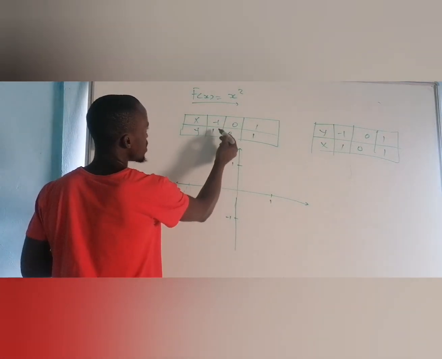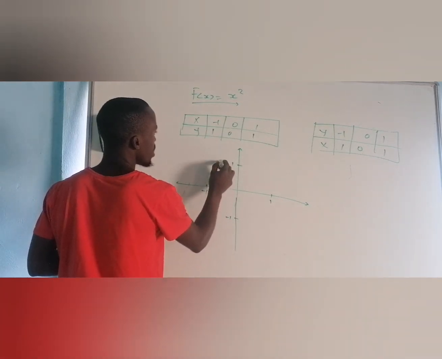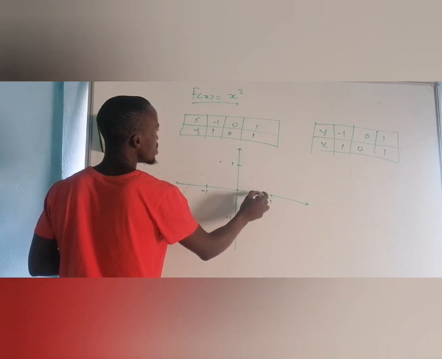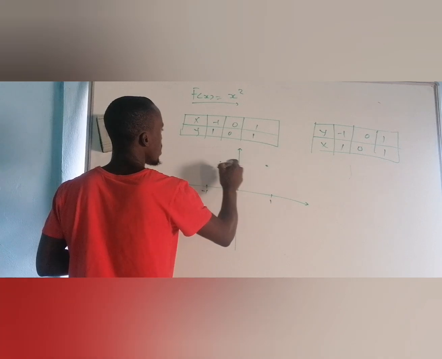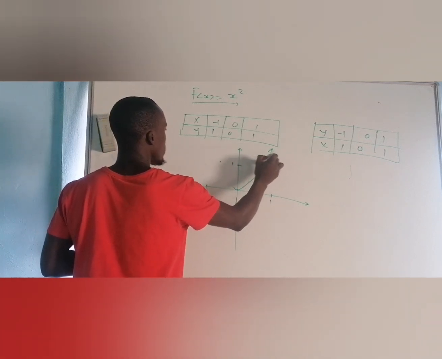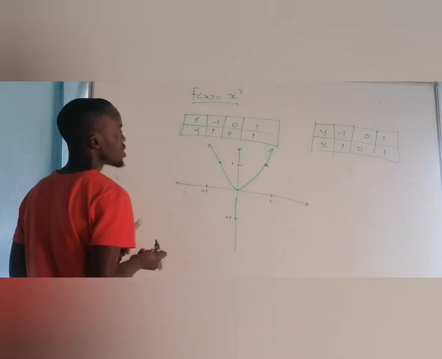So this graph will be negative 1 is here, and positive 1 is there. 0 on the origin, and positive 1 is to 1 there. Then I draw my graph, or I join my points. This is the original graph.